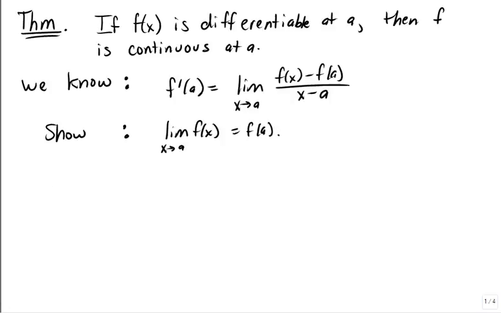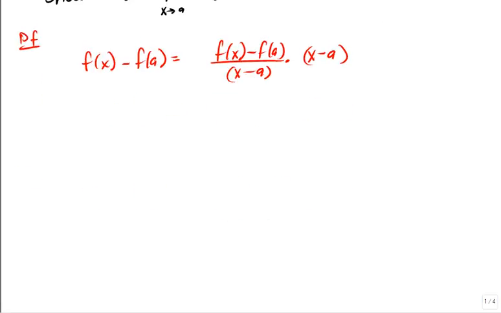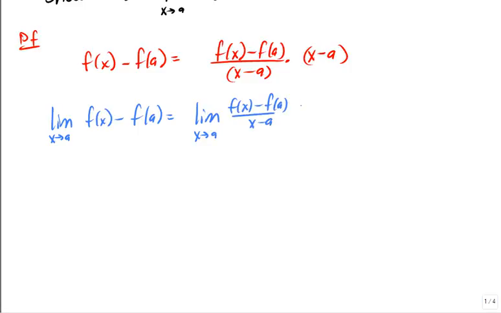Okay, well that's really easy. What we're going to do is start with this, and we're going to use a little trick. We're going to divide by x minus a, and we're going to multiply by x minus a. Then we're going to take the limit, and that can be broken down.